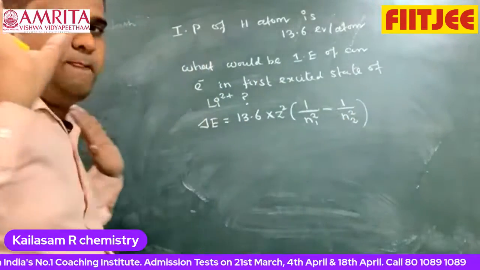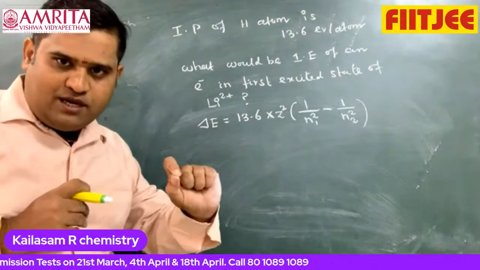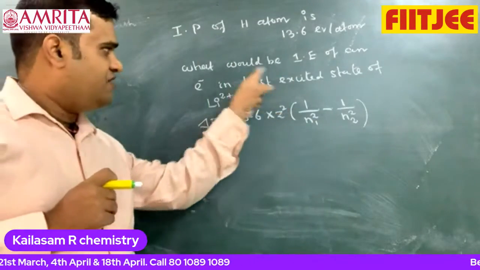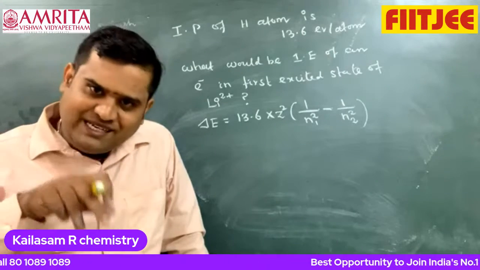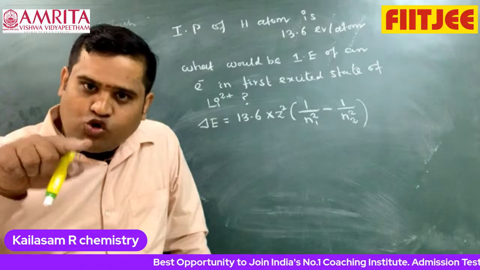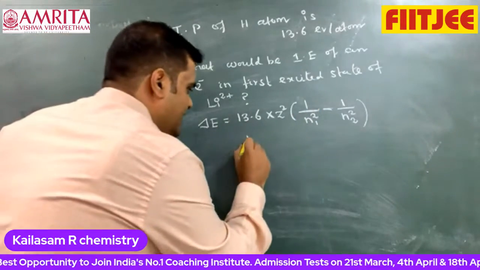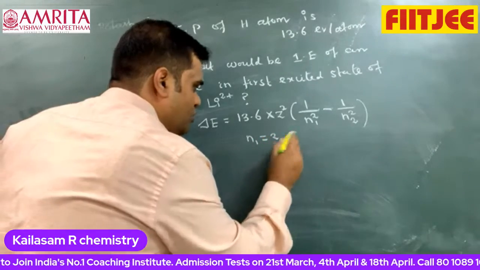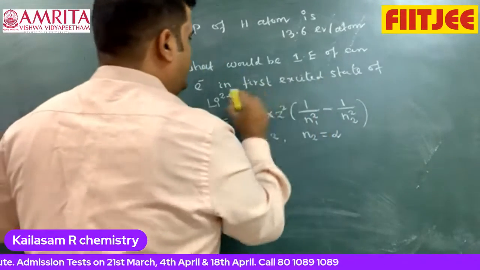Very simple. First excited state means n1 is equal to 2, therefore n1 squared is 4. And n2 is equal to infinity, because this is very important.